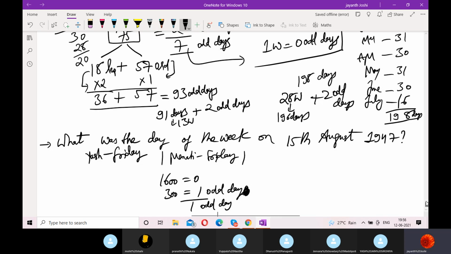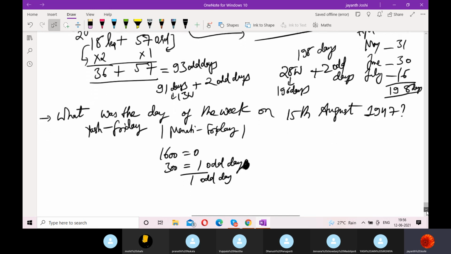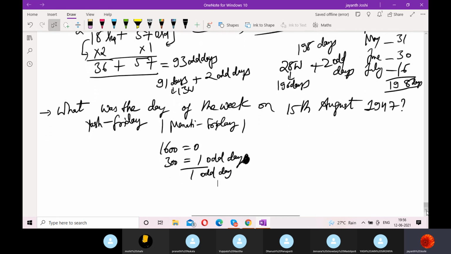But again we have to go to 47. I cannot take 47 complete because it is August 15, not a full year. So I'll take 46. When I divide 46 by 4, how many ordinary and leap years do I need to take? 11. Exactly 11 complete leap years, and the leftover are 35 ordinary years.